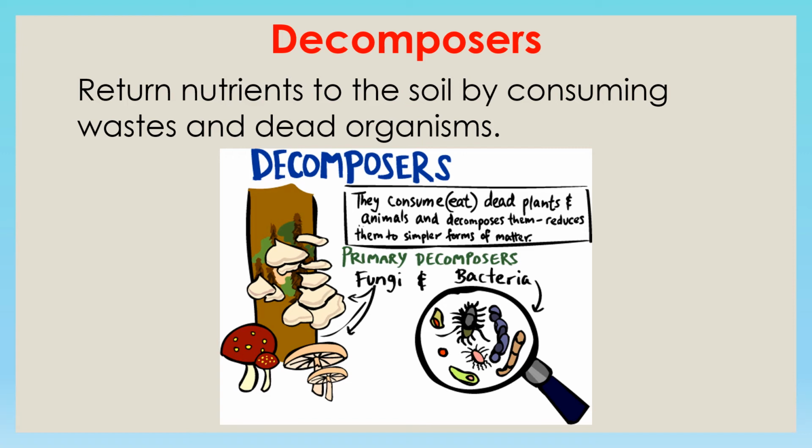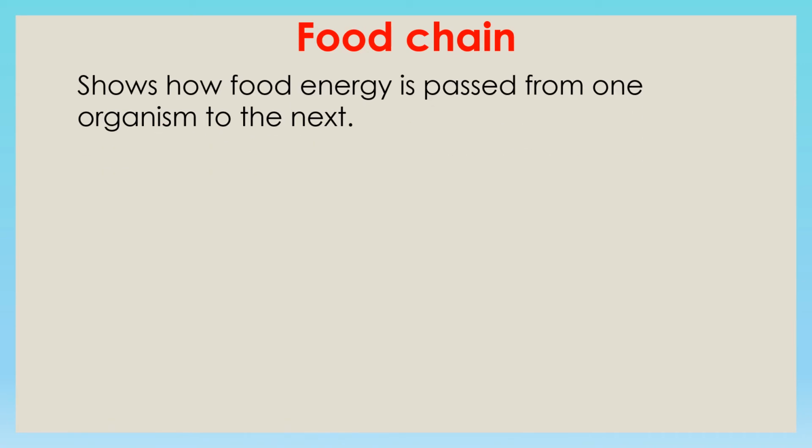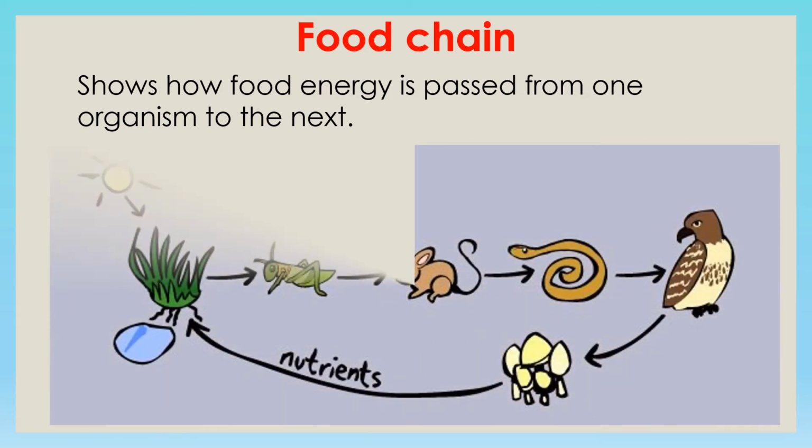There's bacteria everywhere. Let me show you the feeding cycle in an ecosystem. So the simplest way to show this is through food chain. Food chain shows how energy or food energy is passed from one organism to the next.